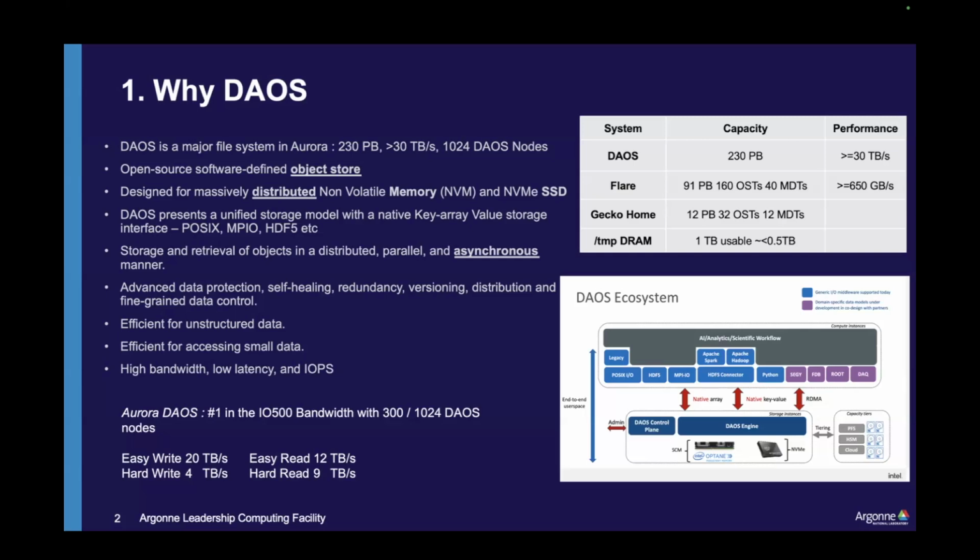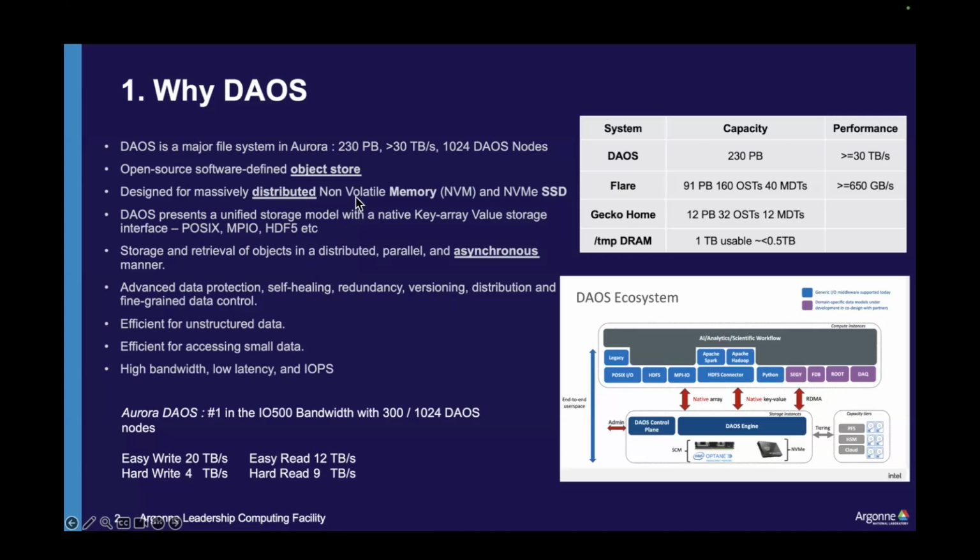So basically, you are left with either Lustre Flare, DAOS, or just your tmpfs. Gordon covered most of this part of the ecosystem from the hardware and operations perspective. So I'll be covering it from an application user's perspective.